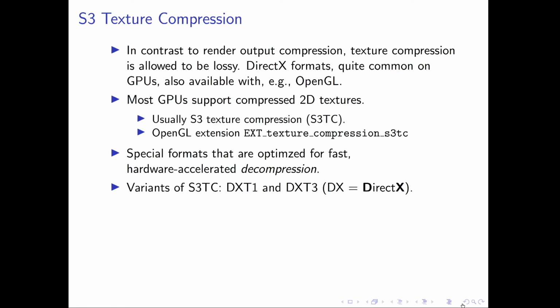The basic idea behind those two formats is that they work on image tiles, and those tiles are assigned two base colors, and in between those base colors we perform interpolation, and the scheme that is used for the interpolation is very particular.